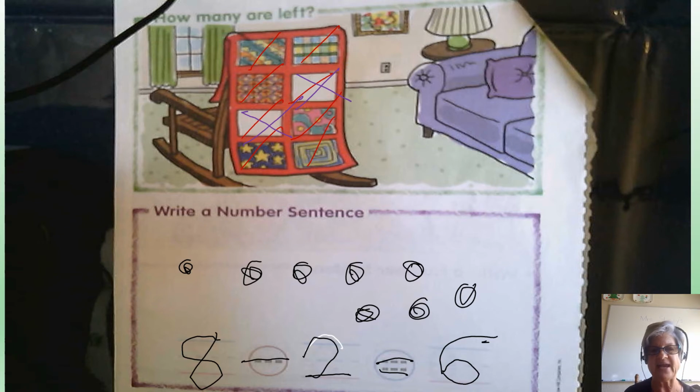You should have 8 circles. Very good job. Now you make sure you do the same on your page. Draw 8 circles, please.